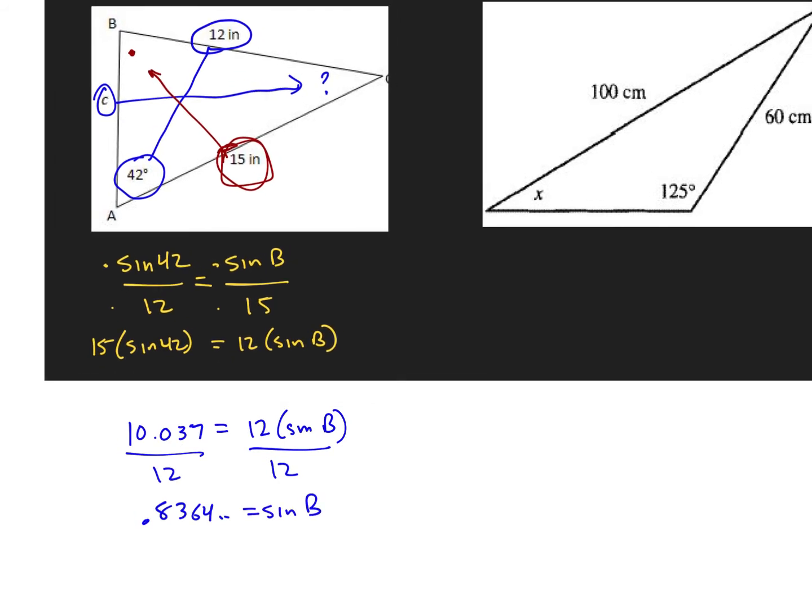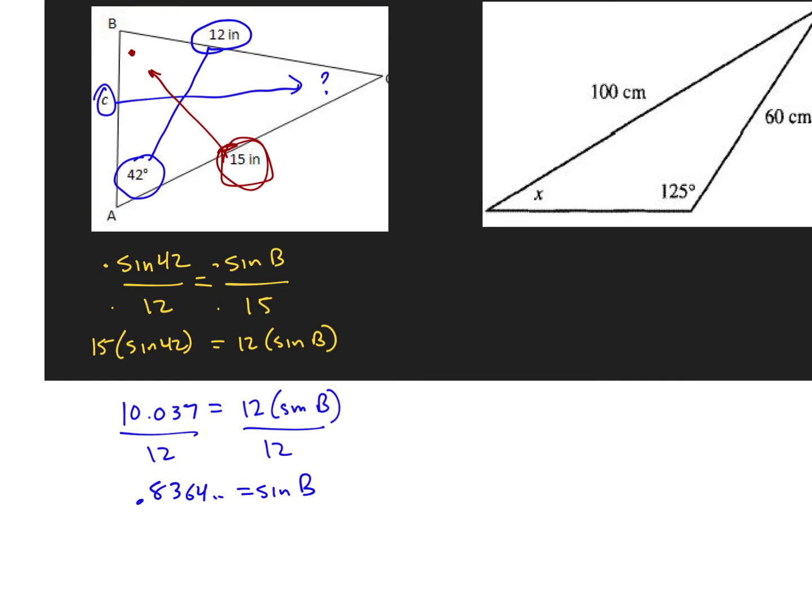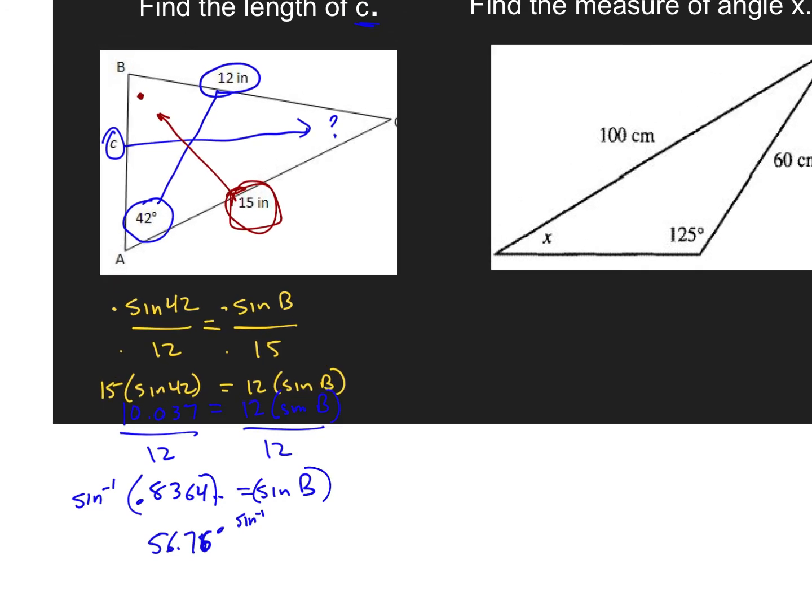Now to figure out what B actually is, this is where I do that sine inverse thing that we did before to solve for an angle. So I take sine inverse of my answer, and I get 56.76. That means this angle up here is 56.76 degrees.